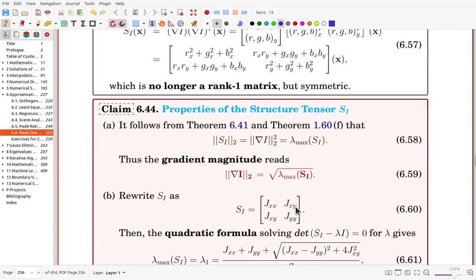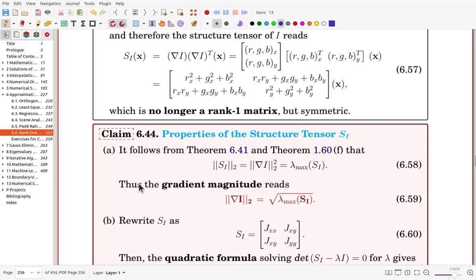Now let's try to find the eigenvalues and eigenvectors. Anyway, it is made of the gradient and gradient transpose, so the 2-norm is the same as the gradient squared, and it is also symmetric, so it must be the large eigenvalue of the matrix.